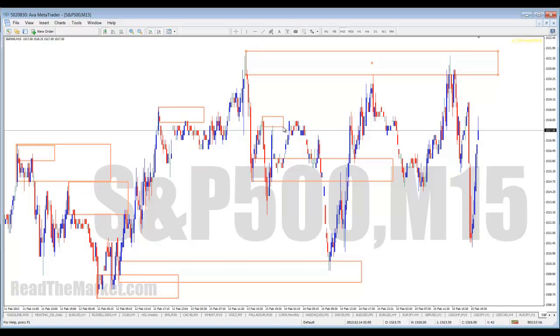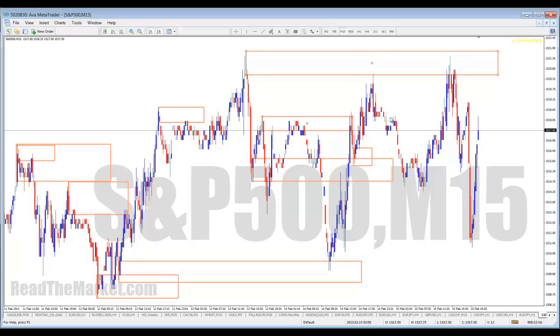Rally, base, drop, rejection. Further rejection. A break, and price goes higher. Drop, base, rally. Price returns, there we go.